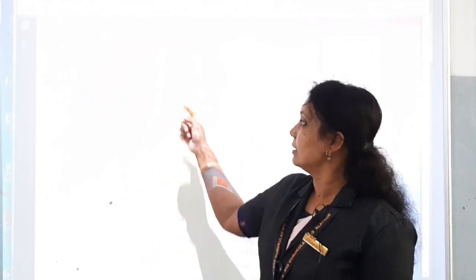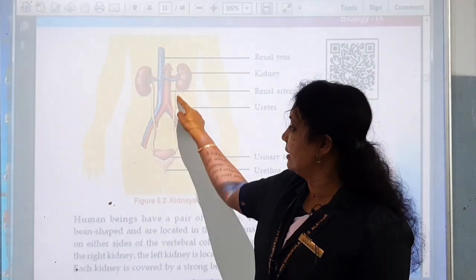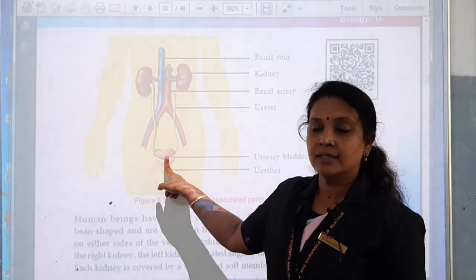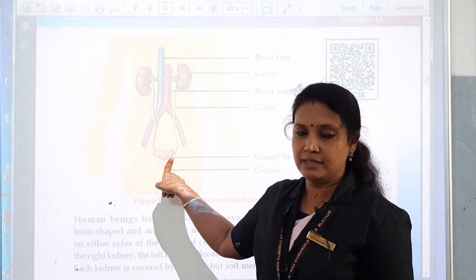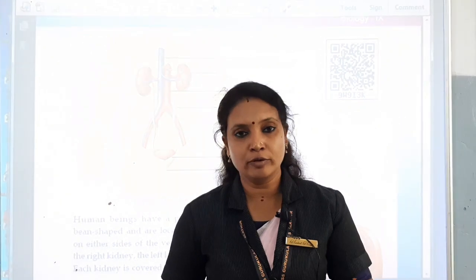The renal artery carries blood to the kidneys, and after the filtration process the renal vein carries blood out from the kidneys. Then the urine which is formed in the kidneys is carried by the ureter to the urinary bladder, and the urine filled in the urinary bladder is expelled out through the urethra. Is that clear, all of you?